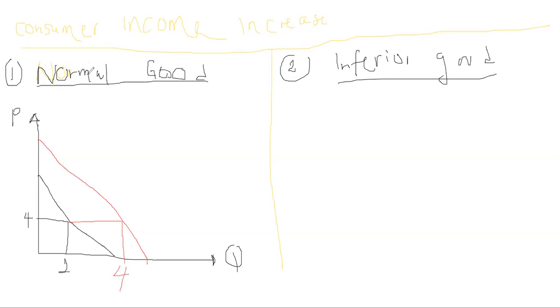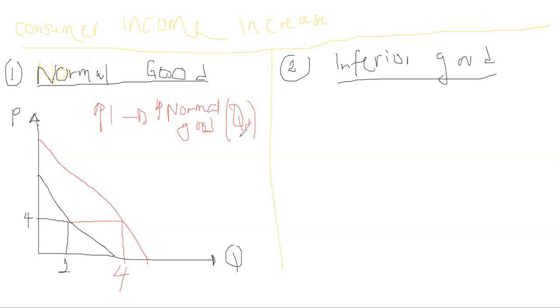So the takeaway here is that an increase in income will lead to an increase in the quantity demanded of a normal good.